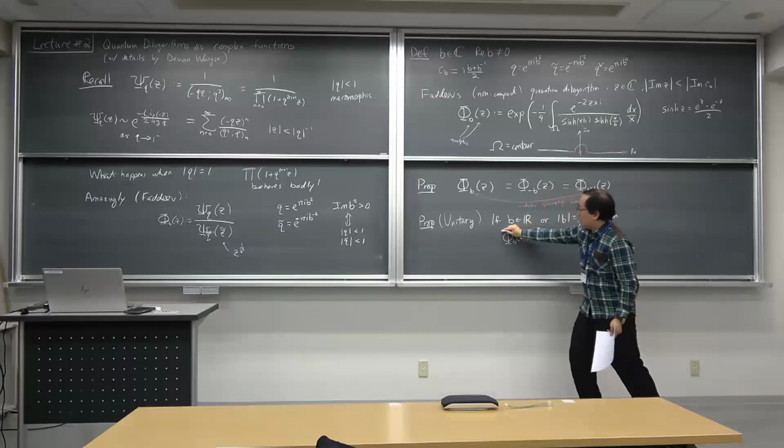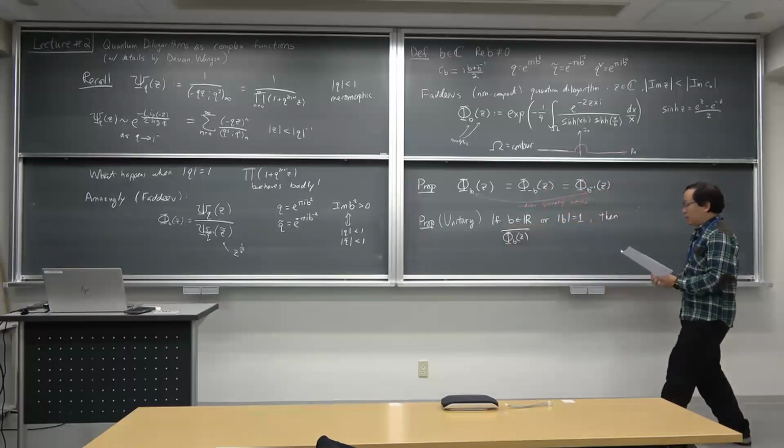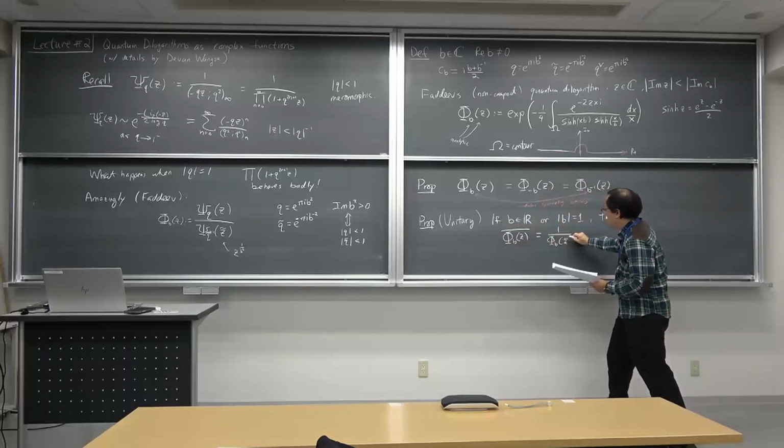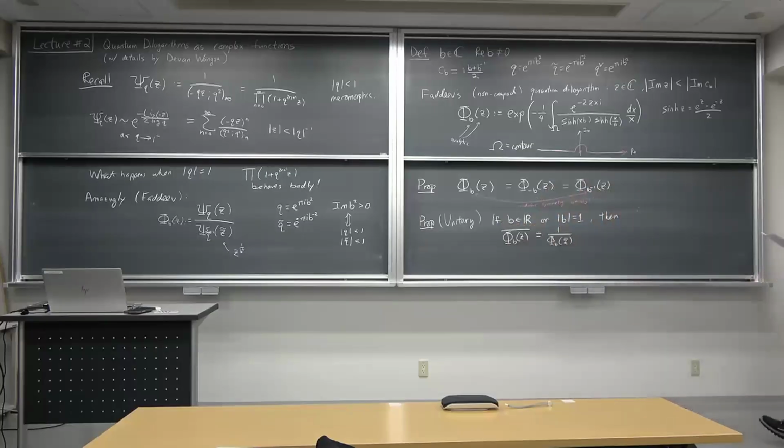So you can take the complex conjugation. And if you take the complex conjugation, it equals its inverse with the complex conjugation on the argument. So you have this relationship with the complex conjugation.